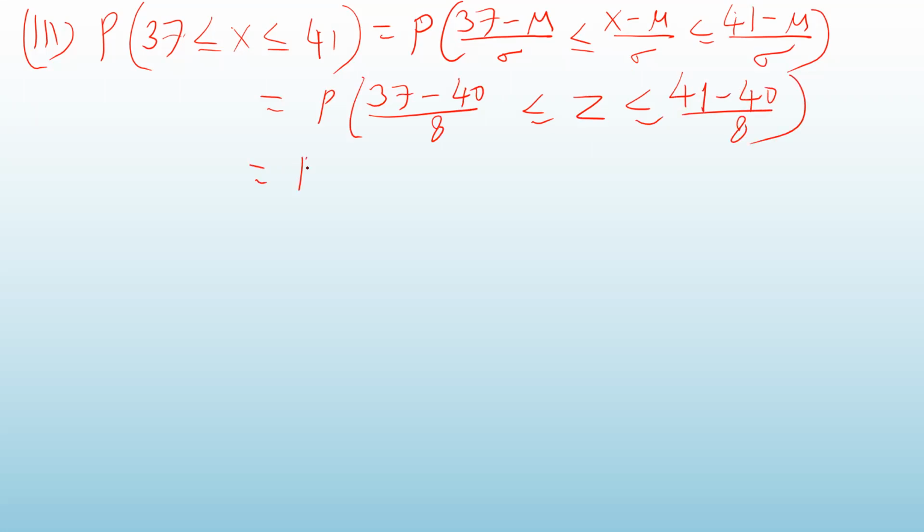Find out what that is. 37 minus 40 upon 8. How much? It is minus 0.375.